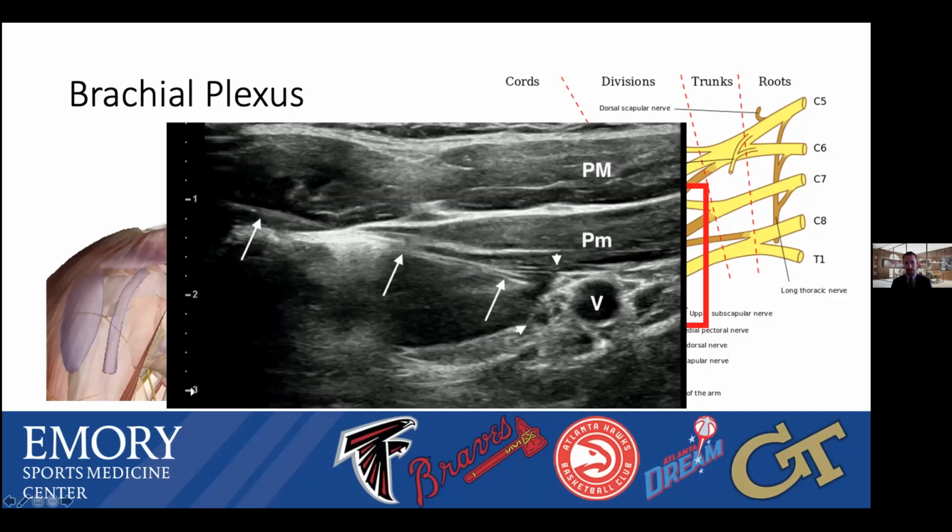You see your pec major in short axis here, and underneath you have your pec minor. Then you get your vascular structures, so there's artery and vein coming in here. Adjacent to that, denoted by the arrows, you get your lateral cord of the plexus. So you can see that if you have any sort of tightness or shortening of the pec minor, you can get some compression of the plexus within this area.